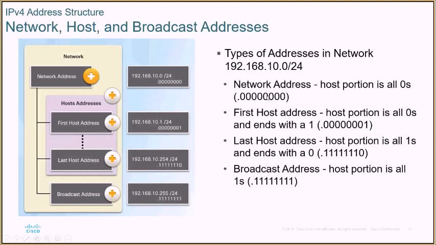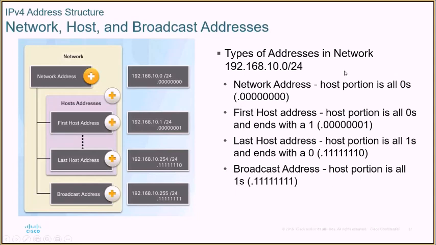The network number is, of course, used by the router as a destination in a routing table, so you can't apply that to a host. Broadcast, of course, is used as a destination for all hosts on a subnet, so you can't apply that to a host. And so the host addresses are where you've got any other bit combination other than all zeros or all ones.